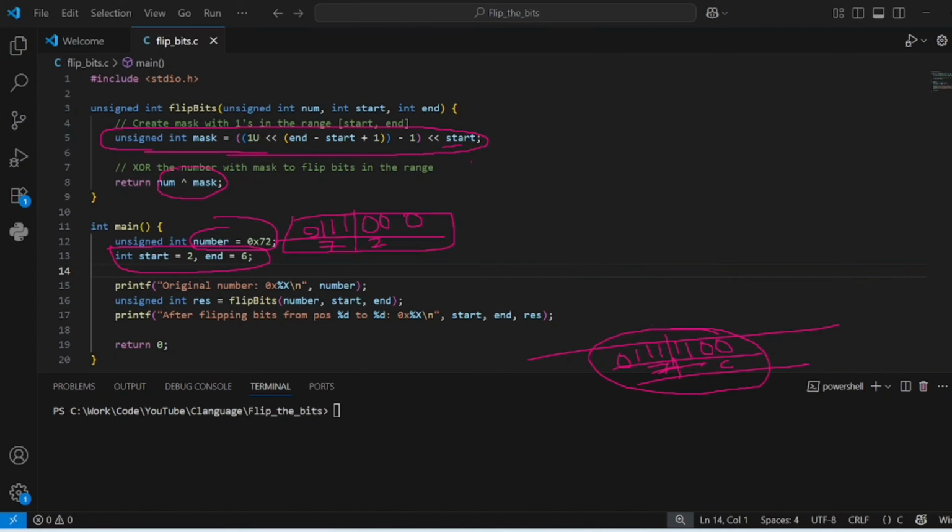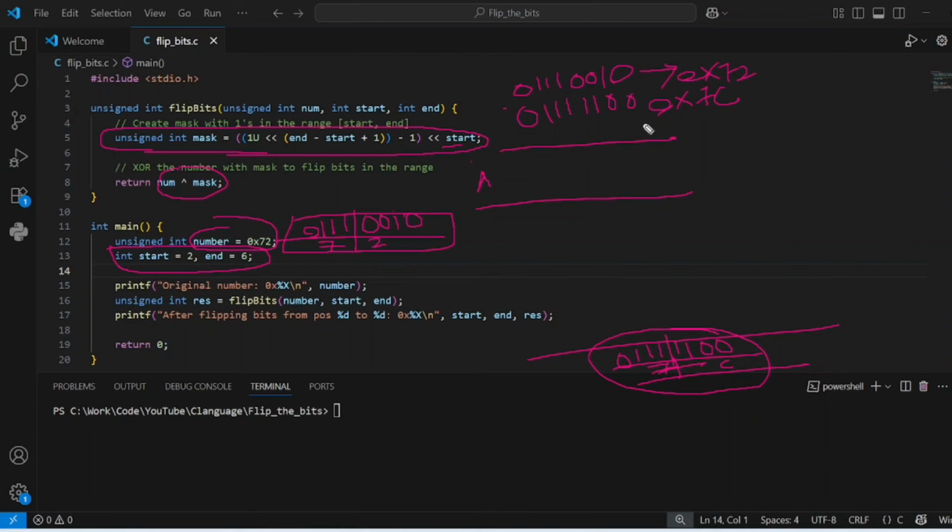The input number is 72, that is 0111 0010, which is 0x72. The other number is 0111 1100, which is 0x7c. We have to do the XOR operation with these. What does the XOR truth table tell us?